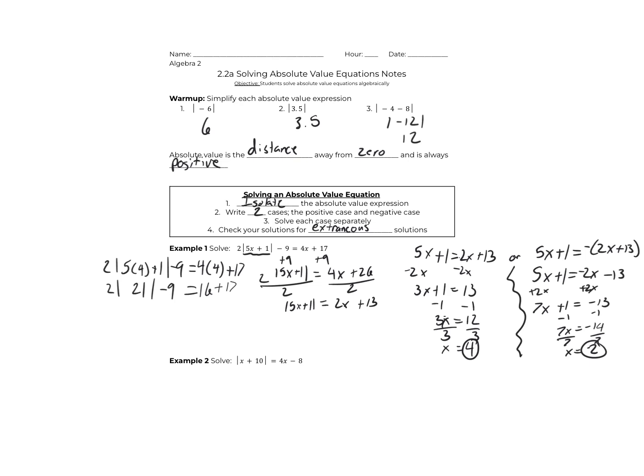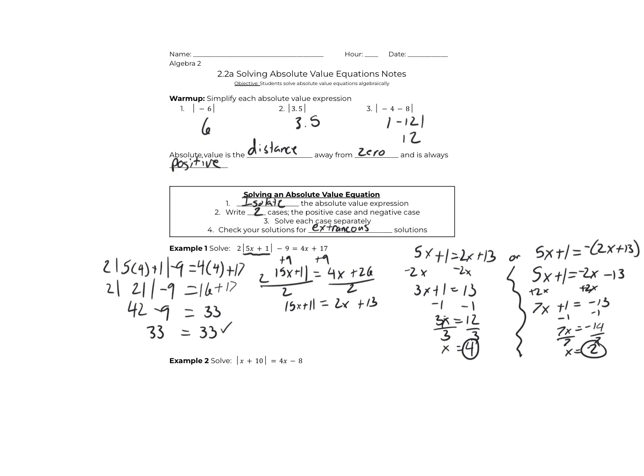So now the absolute value of 21 is 21, so 2 times 21 is 42. And 16 plus 17, that is going to be 33. And 42 minus 9 is also 33. So that checks out. 4 is a good answer.